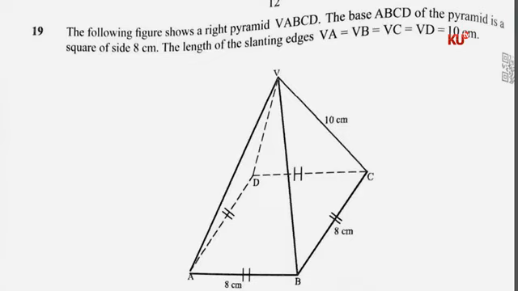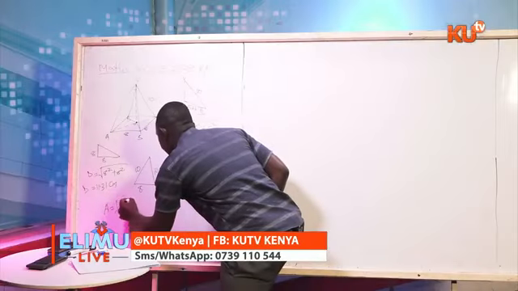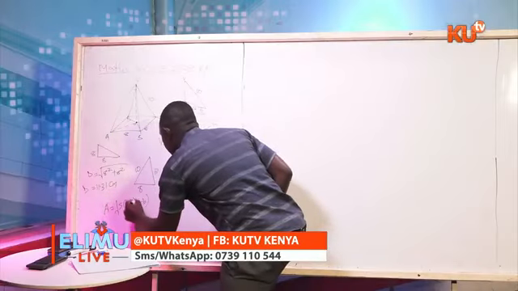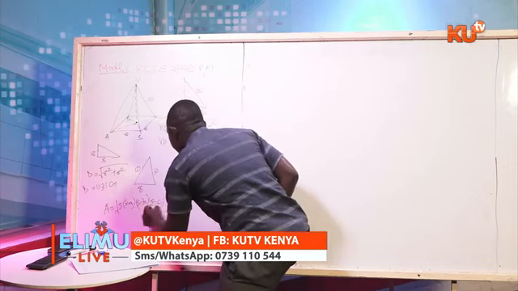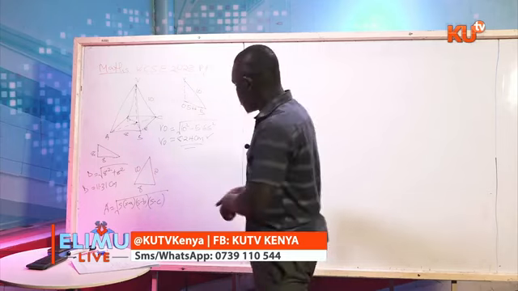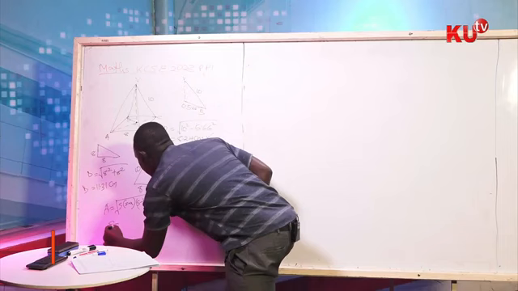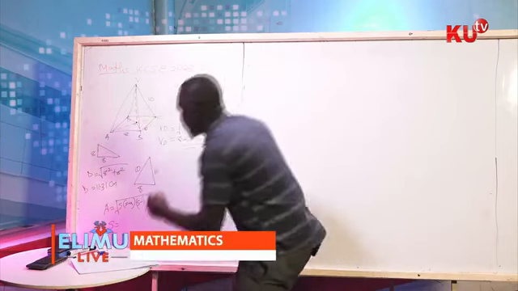Remember that. How do you get an area given all the three sides? You will apply what is called Hero's formula. Area is given by the square root of S into S minus A, S minus B, S minus C. That is Hero's formula in Form 2. Now, how do you get your S? To get your S, it is half of the perimeter.